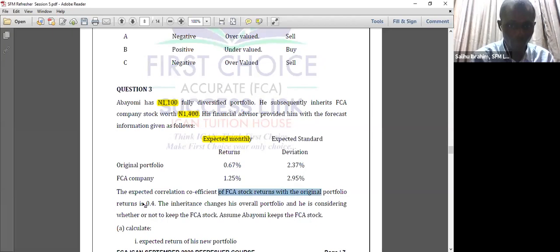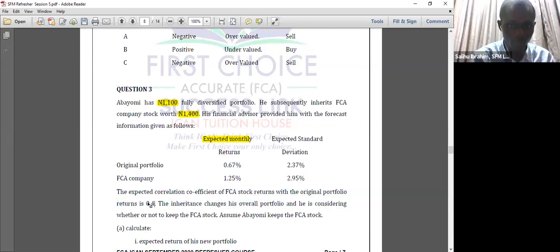With the original portfolio, it's given as 0.4. So correlation has already been given to us.